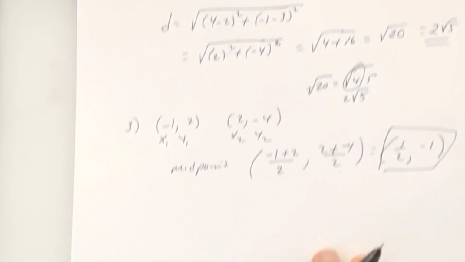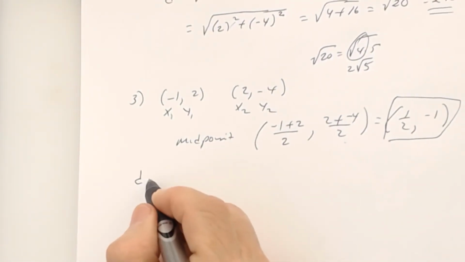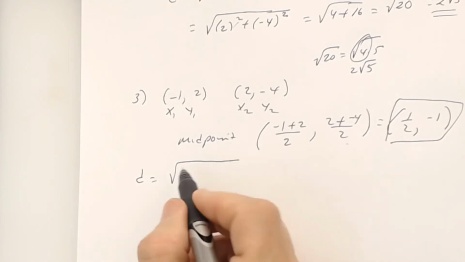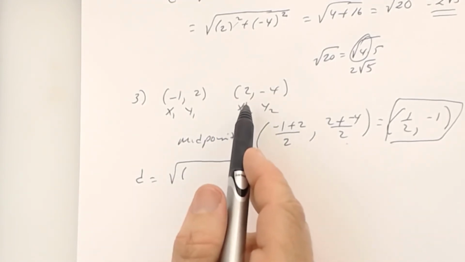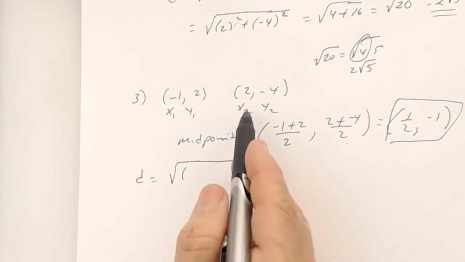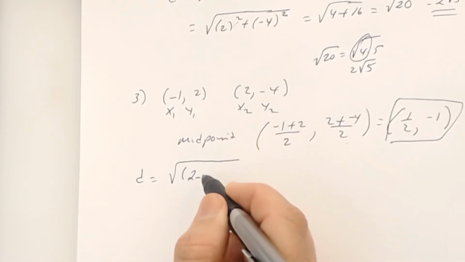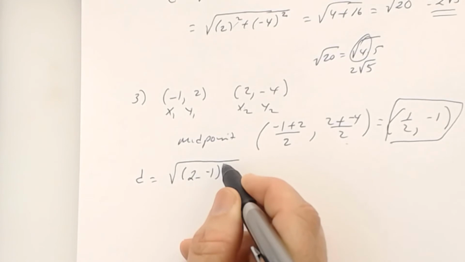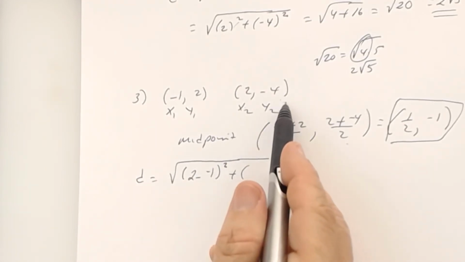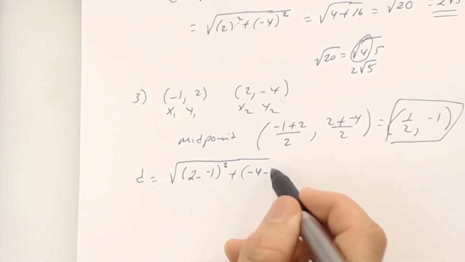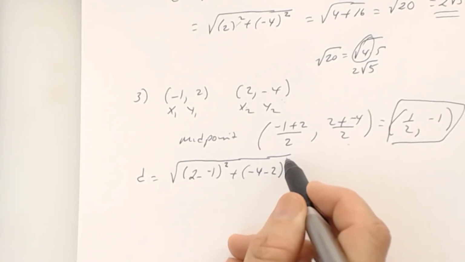All right, and then distance, square root of. You subtract your x-coordinates from each other, so you'd say x2 minus x1, so 2 subtract a negative 1, whatever that is you're going to square, plus, and then negative 4 subtract 2, and whatever that is you're going to square.